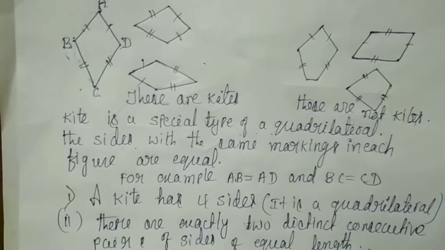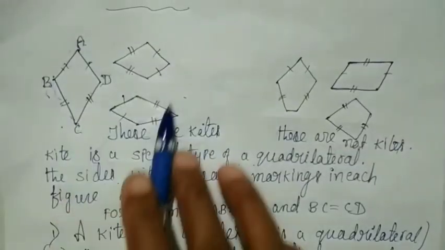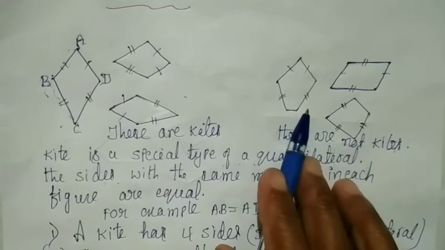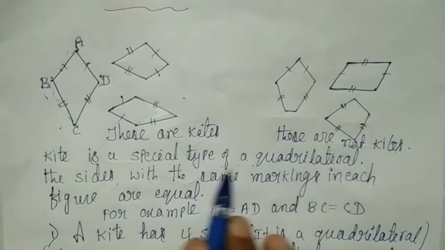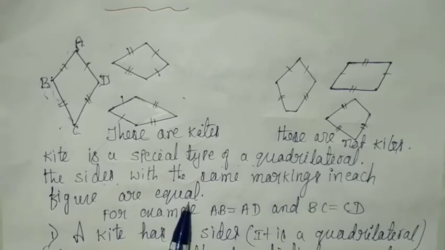Once again, we conclude that this is a kite. These are kites, these are not kites. A kite is a special type of quadrilateral. The sides with the same marking in each figure are equal.